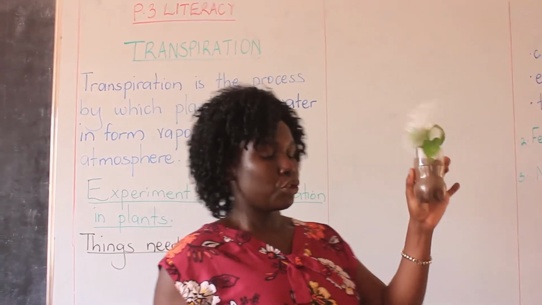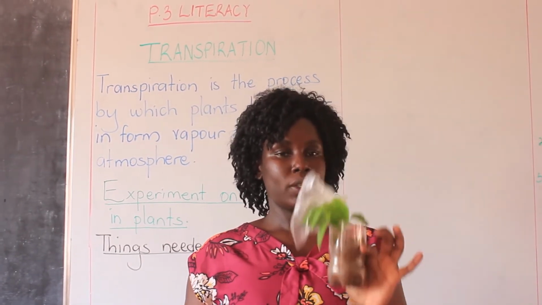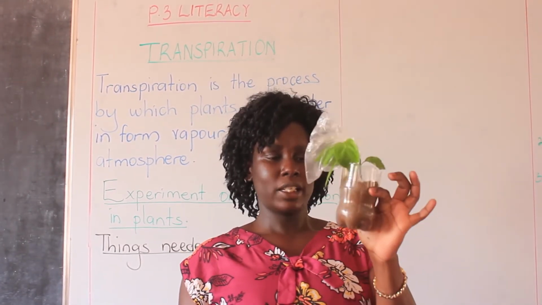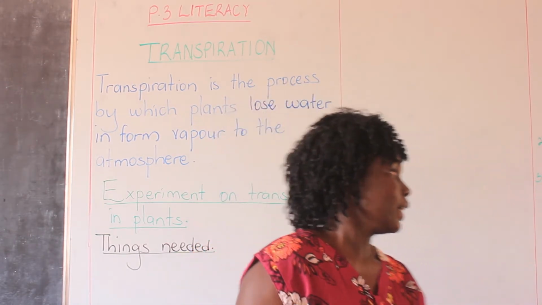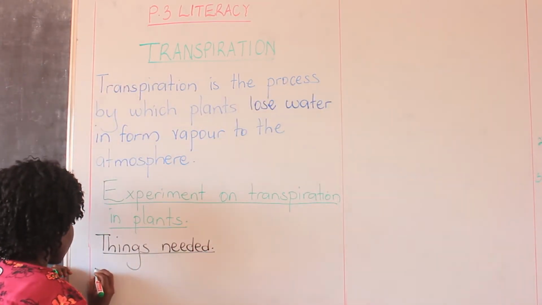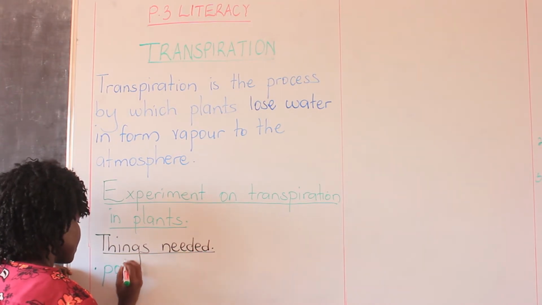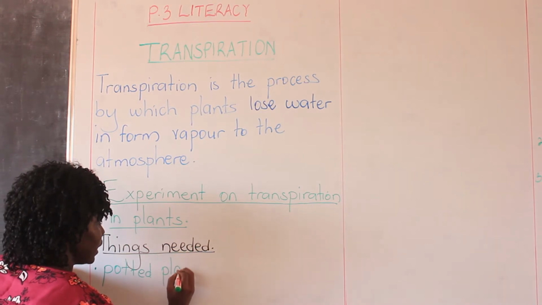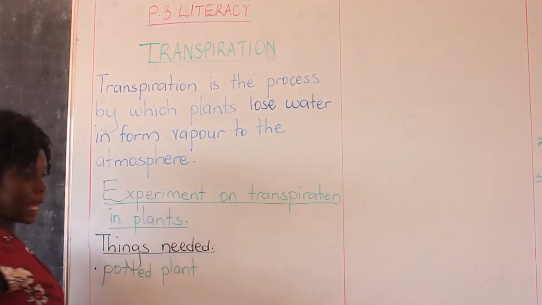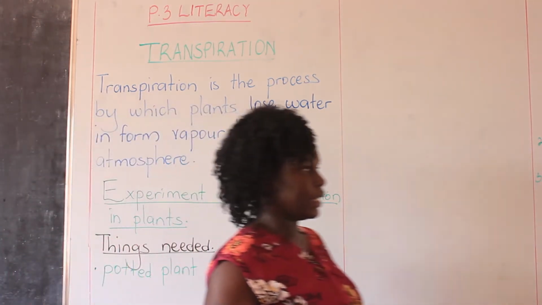You need a plant, get a small tin, put soil there, and have that plant there. Number one, we need potted plants.